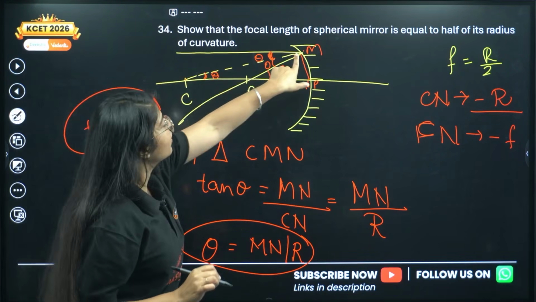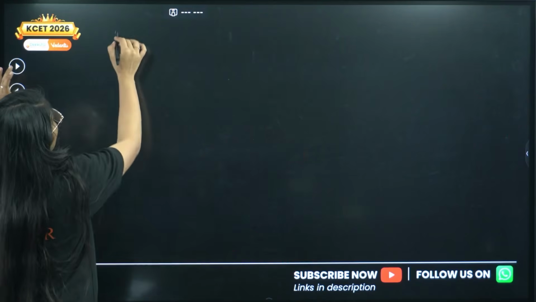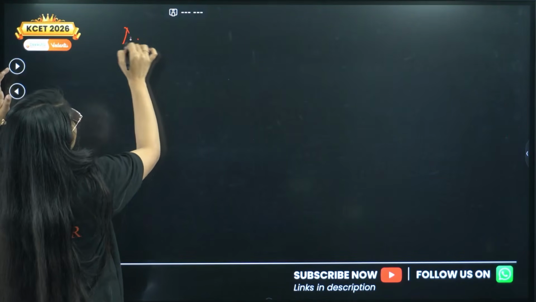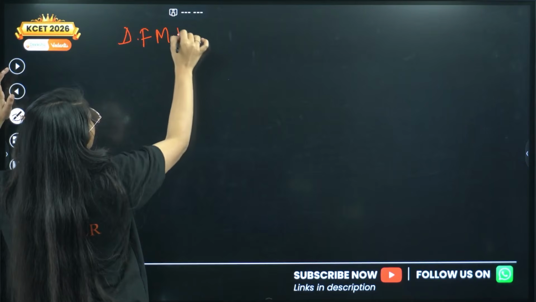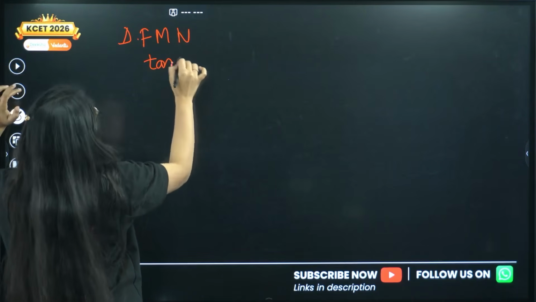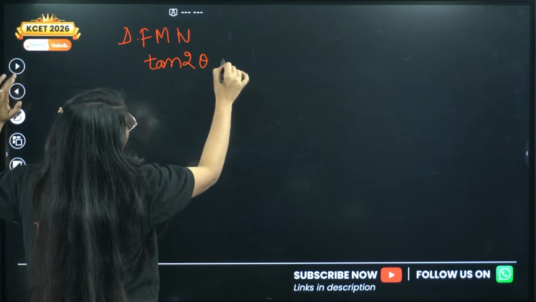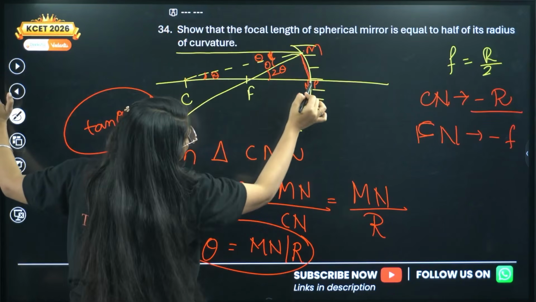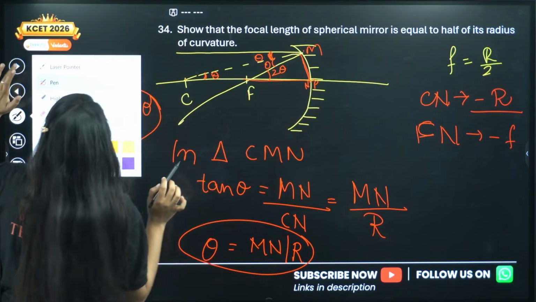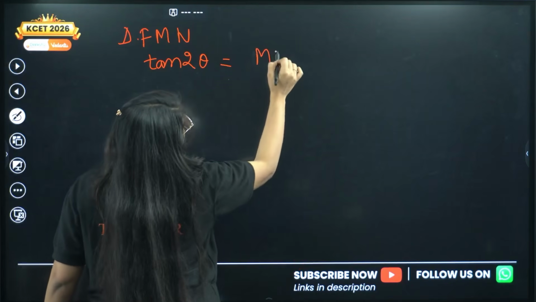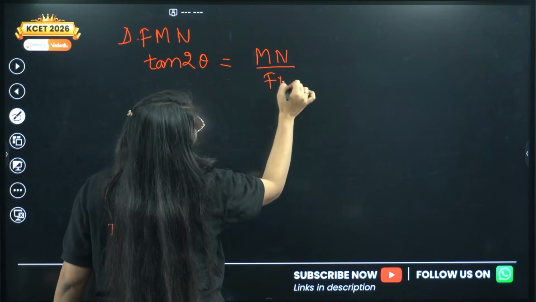Similarly, we'll do for the triangle FMN. Now in this we have not theta but 2 theta. So 2 theta equals perpendicular MN, base FN, so that will be MN divided by FN.